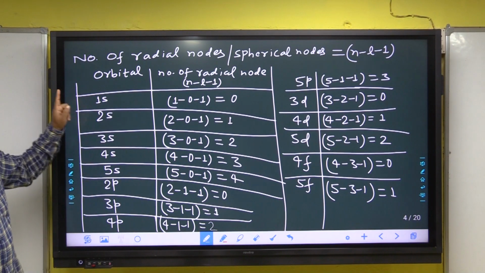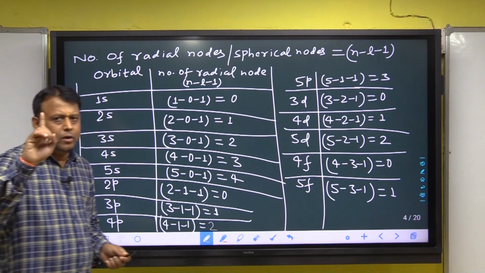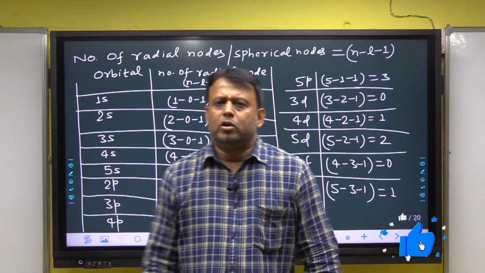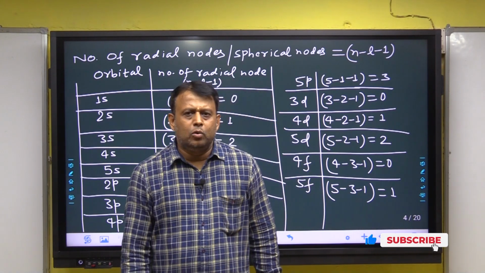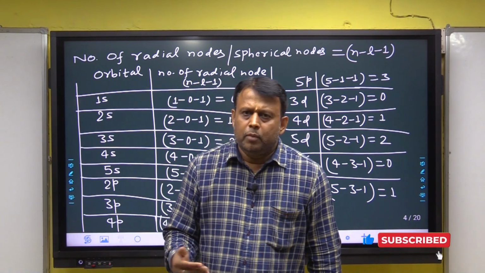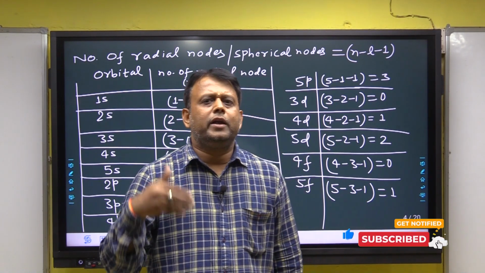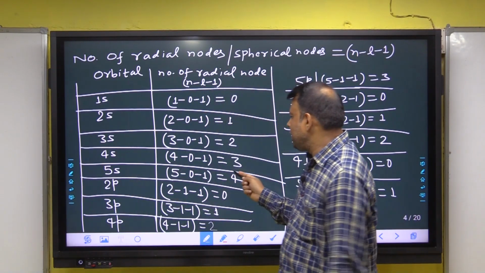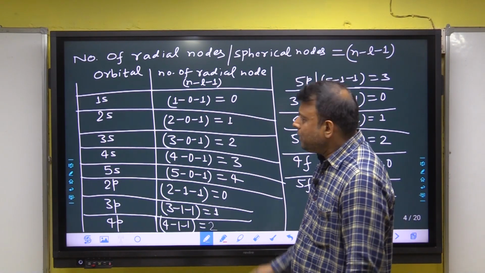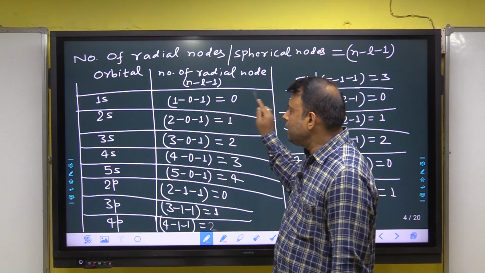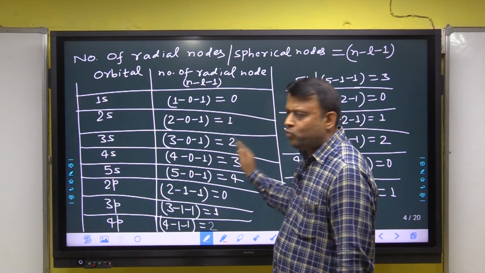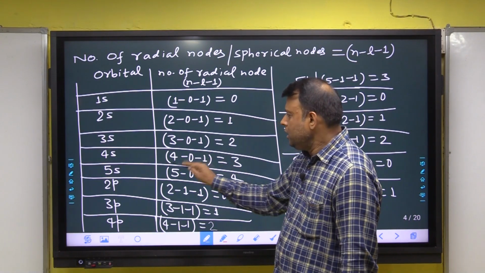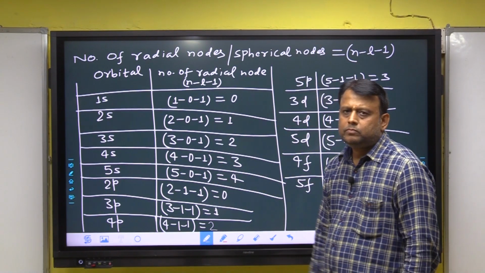And hence for 1s the number of radial nodes is 0, for 2s it is 1, for 3s it is 2, for 4s it is 3, and for 5s it is 4. Again I am repeating: 1s, 0; 2s, 1; 3s, 2; 4s, 3; 5s, 4.